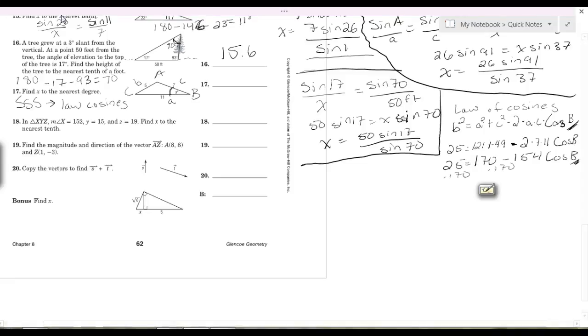Here we go. So negative 145 equals negative 154 times cosine of b. So the next thing that I need to do is to divide both sides by negative 154.